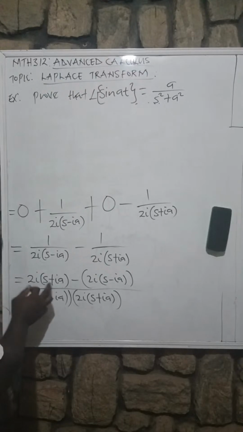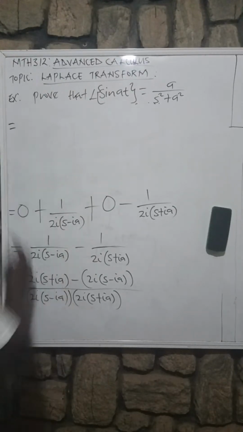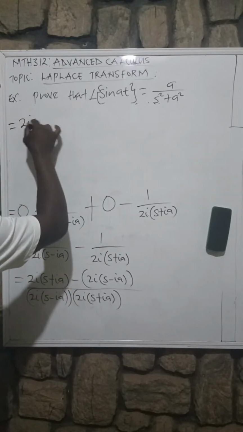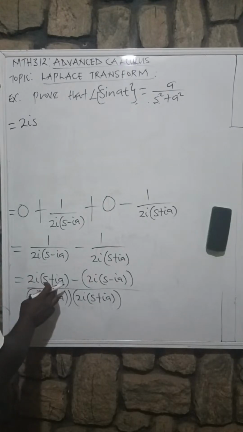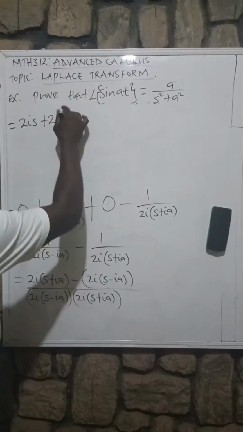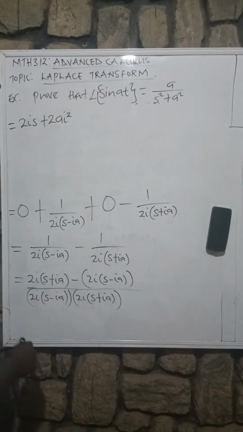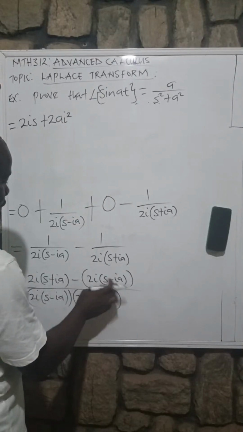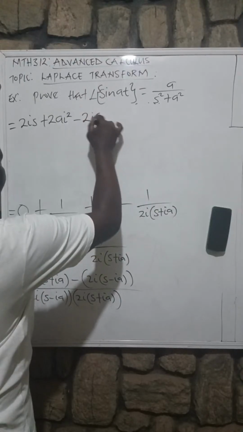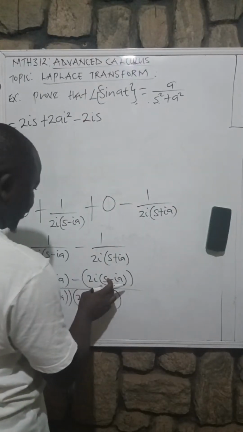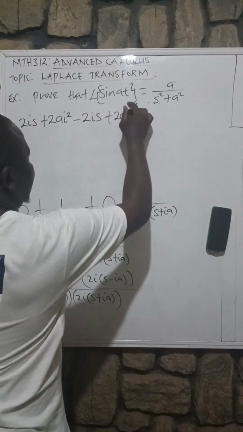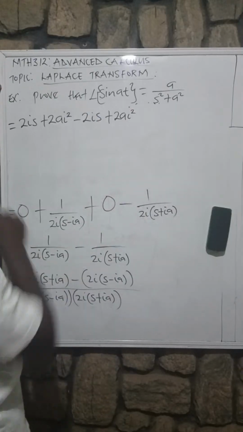Okay, let's open these brackets. This is equal to 2i times s is 2is, and 2i times ia is going to be 2ai squared, right? Then use this minus to open this bracket. Here will be minus 2is, then minus times minus is plus 2ai squared, true or false.